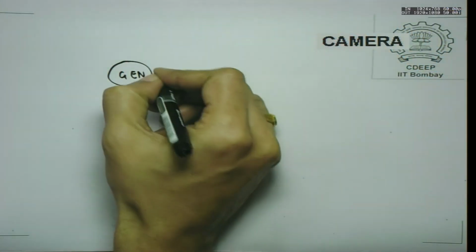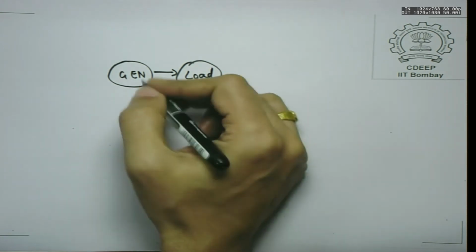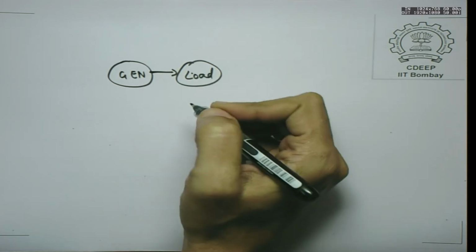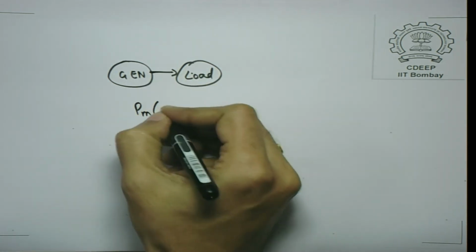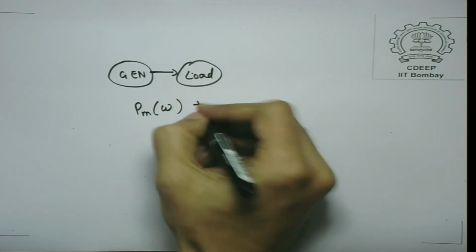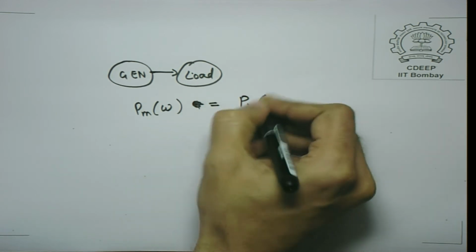If you have a generator connected to a load, and let us assume that there are no losses in transferring this power from the generator to the load, then the mechanical power is a function of frequency because of governing action, and the load also is a function of frequency.